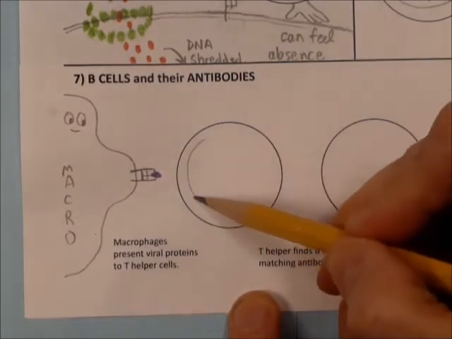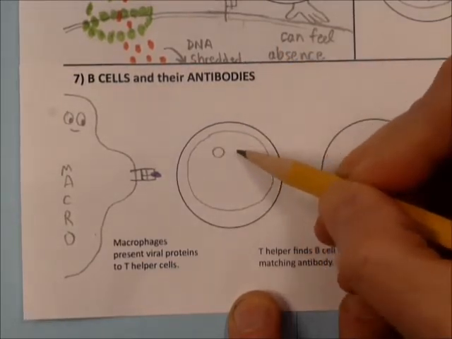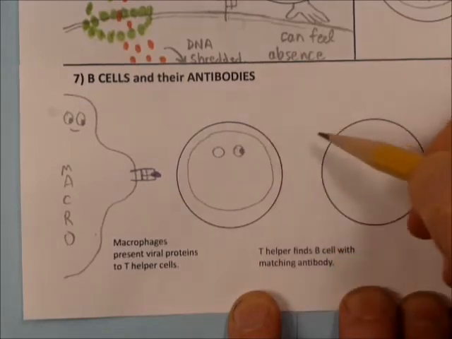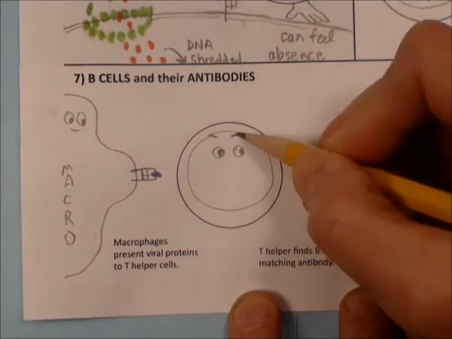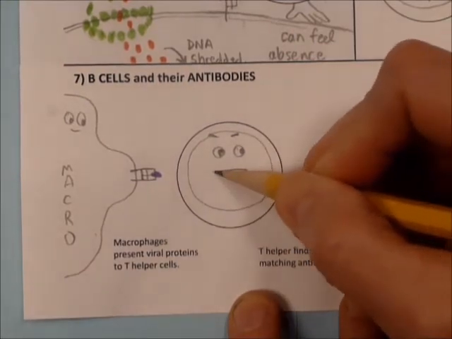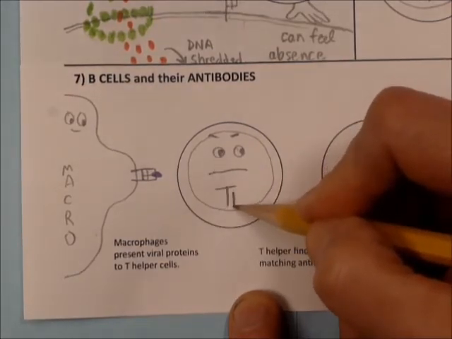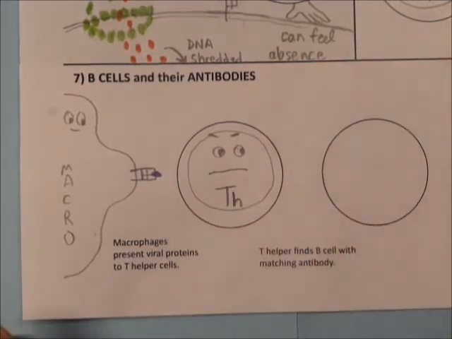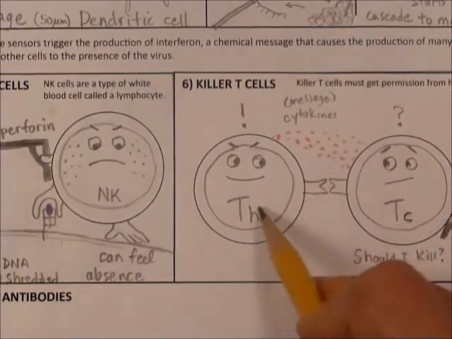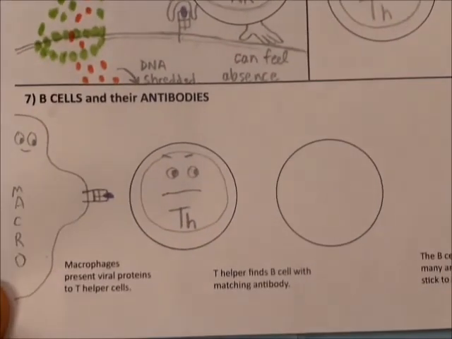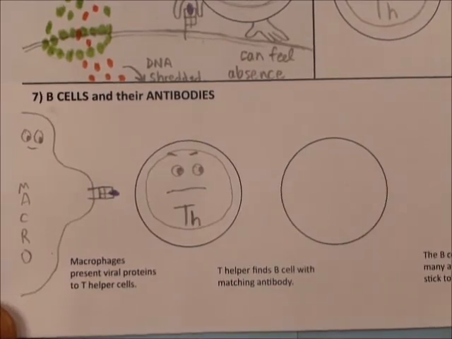So let's give him a big round face. Give him some cartoon eyes. He's actually going to be looking over here at this other cell. He's going to be in a very serious mood here, serious business. And he is a T helper. Now there's different kinds of T helpers. The T helper we met up here specializes in this job, and this T helper down here is going to specialize in talking to B cells.